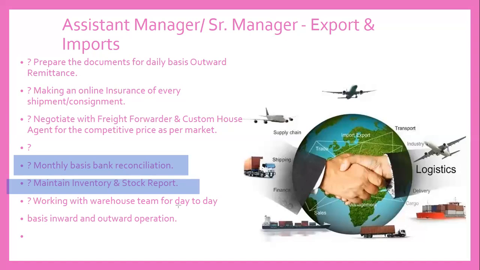Now the next one is working with the warehouse team day by day. Working with the warehouse team is a very important task. Once you receive the order, your production team will get the finished goods ready, and then you need to send these goods to the warehouse for dispatch, because in case of export, some particular locations are authorized by the central excise to dispatch goods.